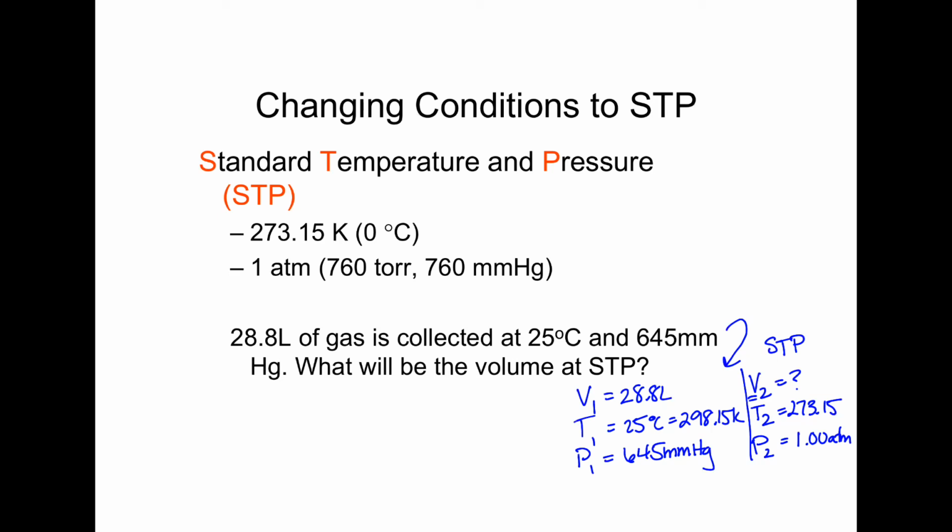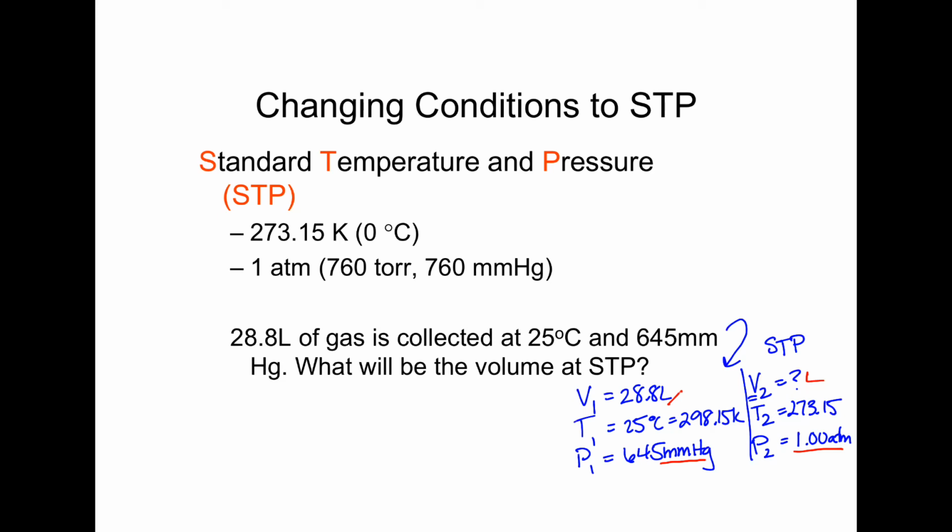So if I put in volume in liters, I'm going to get out volume in liters. The temperatures always have to be in Kelvin, and I have that here. The pressures, one side is in millimeters of mercury and the other side is in atmosphere. And that's a problem because the units aren't going to cancel out, but it doesn't matter which one we choose. We can either put both of them in atmospheres or both of them in millimeters of mercury. It doesn't really matter.